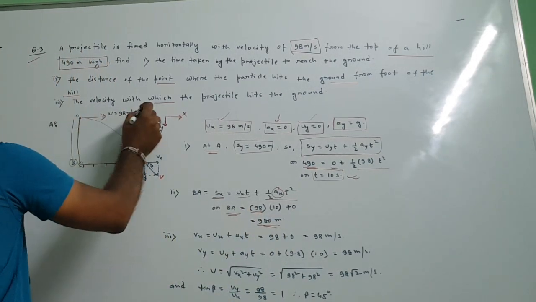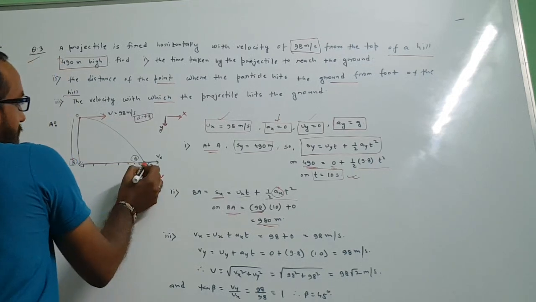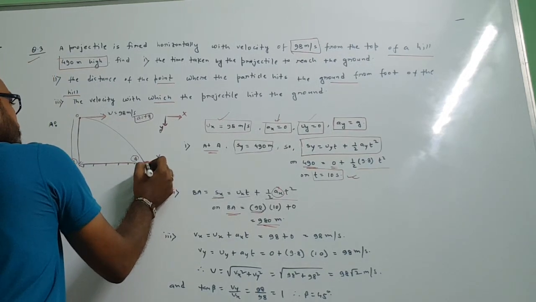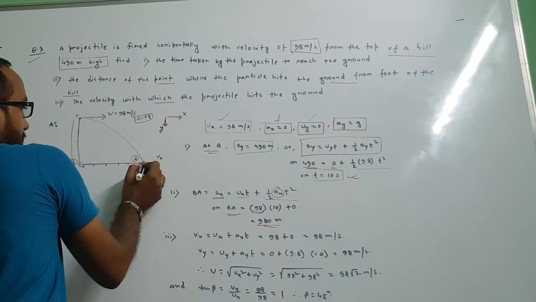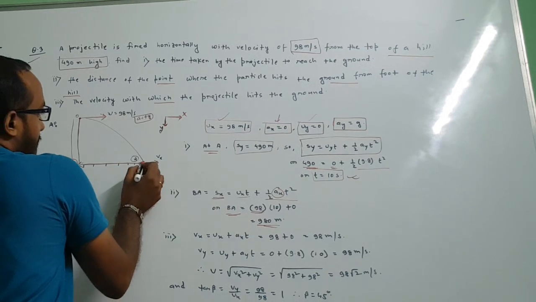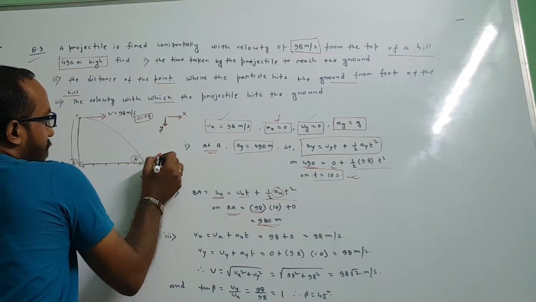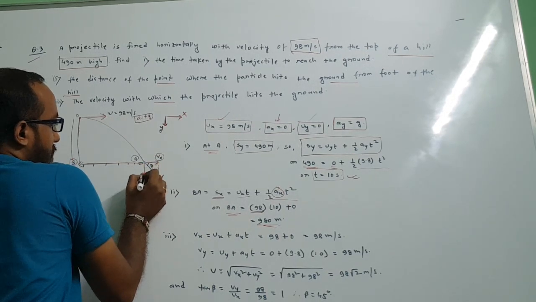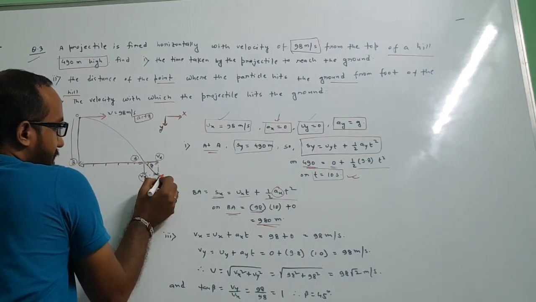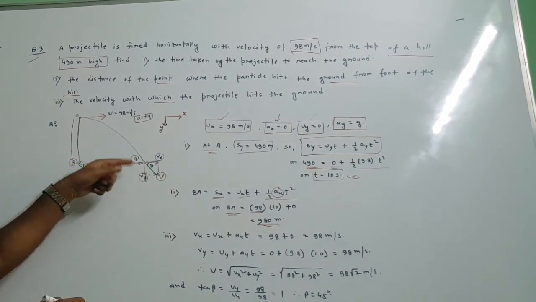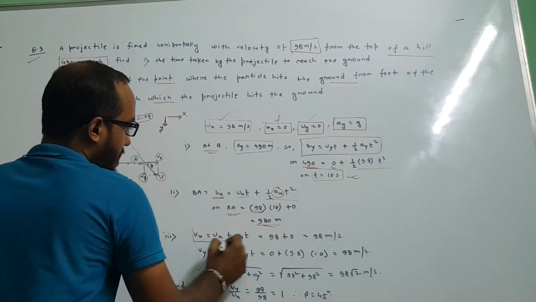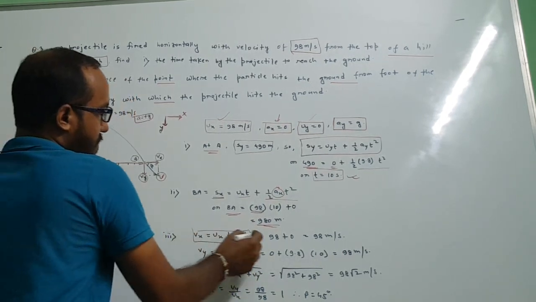Now number 3, the velocity with which the projectile hits the ground. If you observe, at point A we have two components, Vx and Vy. So the resultant of Vx and Vy would be the velocity at point A. First of all find the Vx component. V equals u plus at.